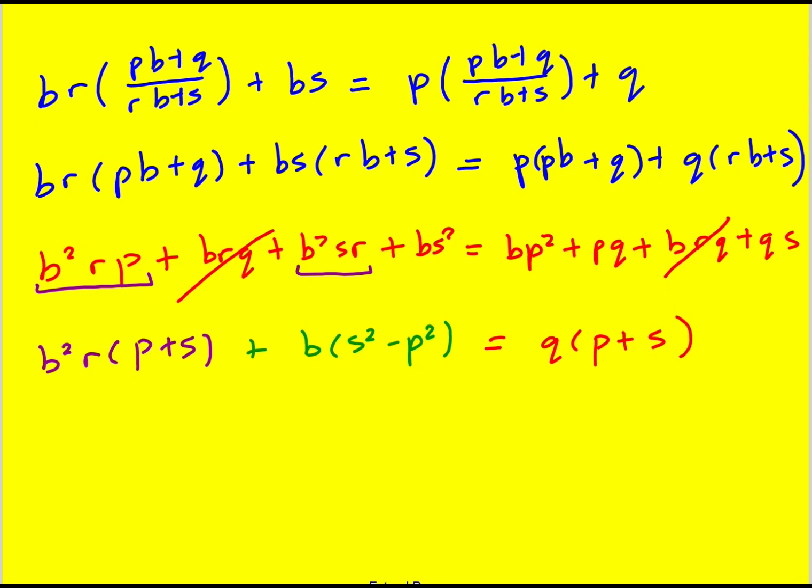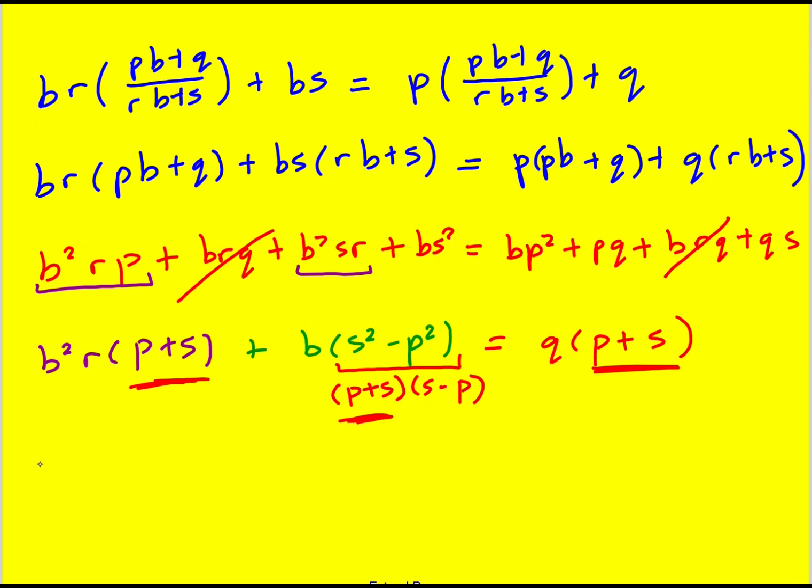And this is now looking promising actually, because I've got a common factor of P plus S here and here. And this is actually a difference of two squares. In fact, it's P plus S times S minus P. You might write it as S plus P times S minus P, but I've swapped it around so that now I've got the P plus S here as well.